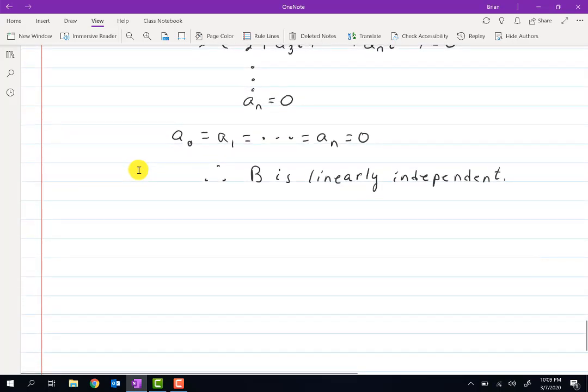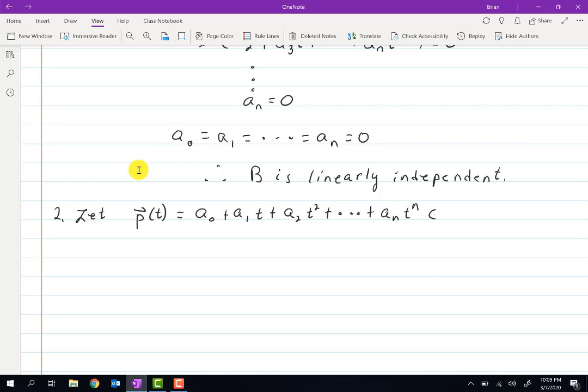Does it span? I think it's very clear that it does. Let p of t equal a naught plus a1t plus a2t squared plus up to an t to the n be any polynomial in P sub n. Well, all you have to do then is, your scalars are right there. Let them be exactly these scalars.